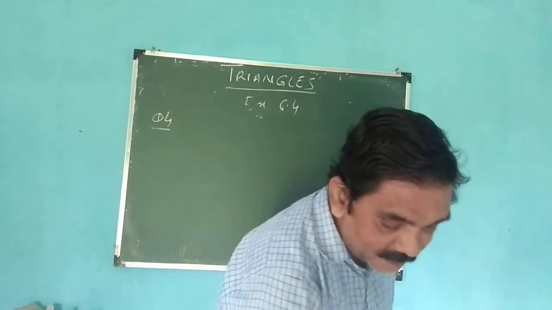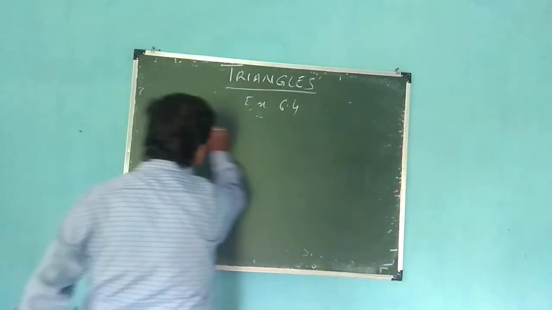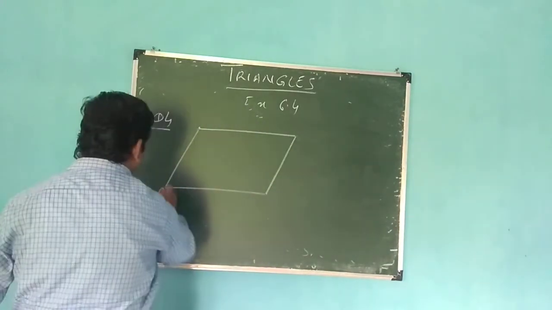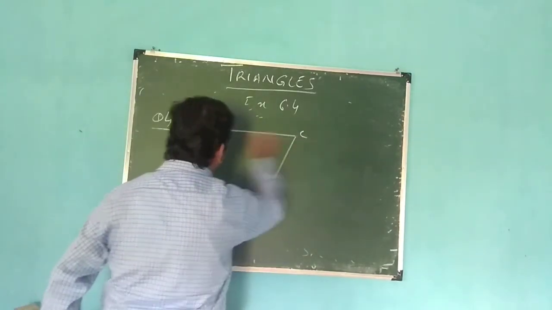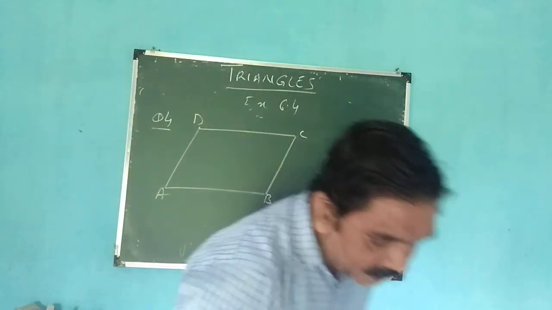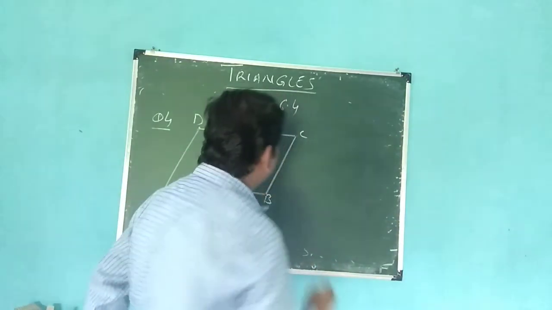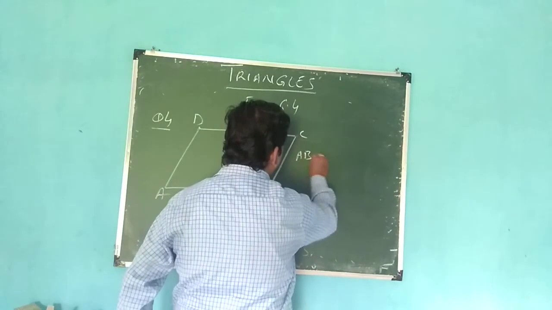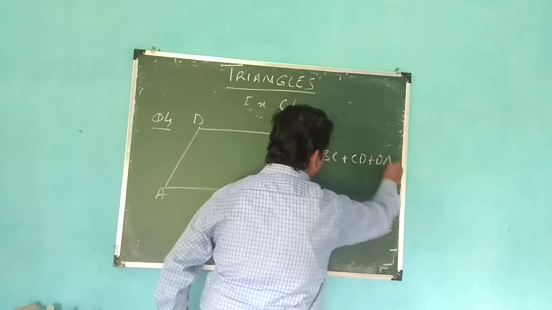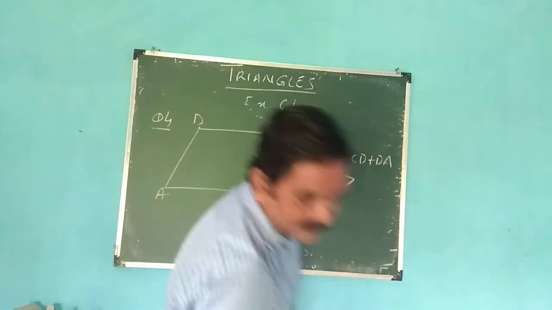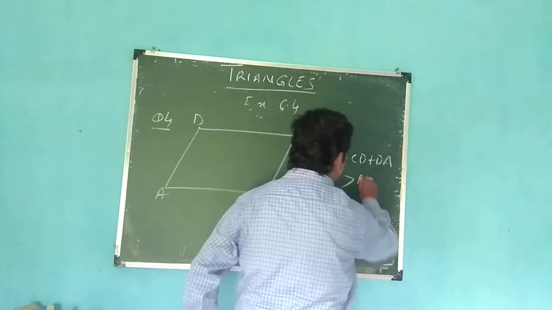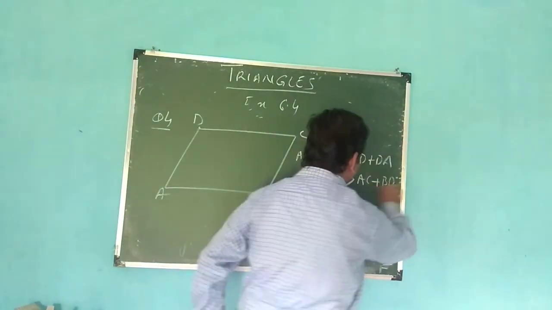Question number 4 is, you have a quadrilateral ABCD, and you have to find out whether AB plus BC plus CD plus DA is greater than AC plus BD.